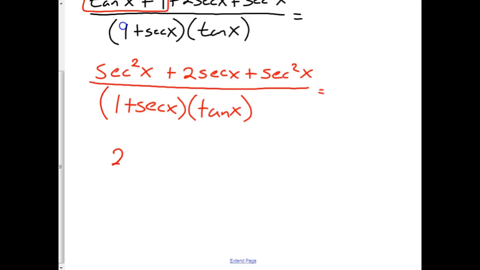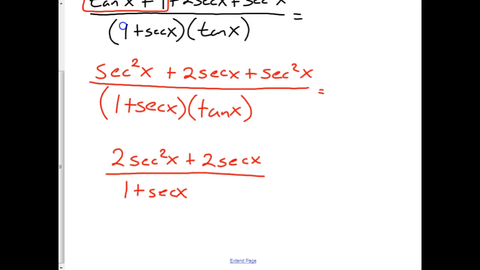So that's going to be 2 secant squared x plus 2 secant x all over 1 plus secant x times tangent. Notice how I'm not putting the denominators together, okay? I'm waiting to see if something can reduce. I want to leave it this way to see if something will go away, okay?